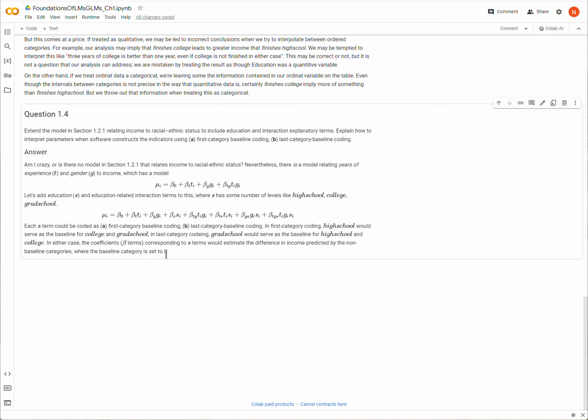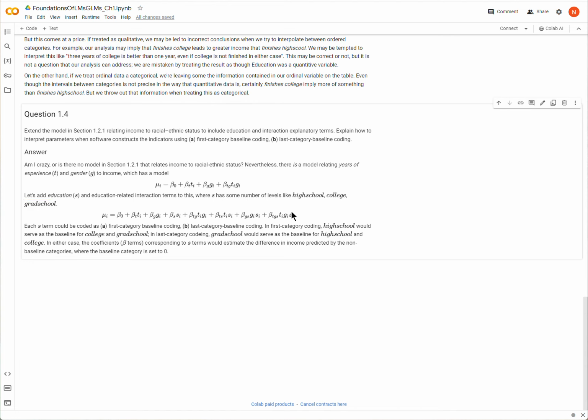So in first category baseline coding, the first category, in other words, high school, would serve as the baseline for the levels of college and grad school. Conversely, for last category baseline coding, we would have that grad school is serving as the baseline for high school and college.